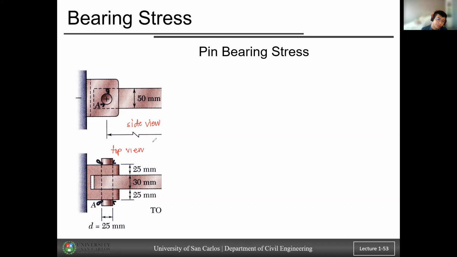Okay, so if you try to imagine where the failure of the bearing stress is, where do you think the bearing will happen?